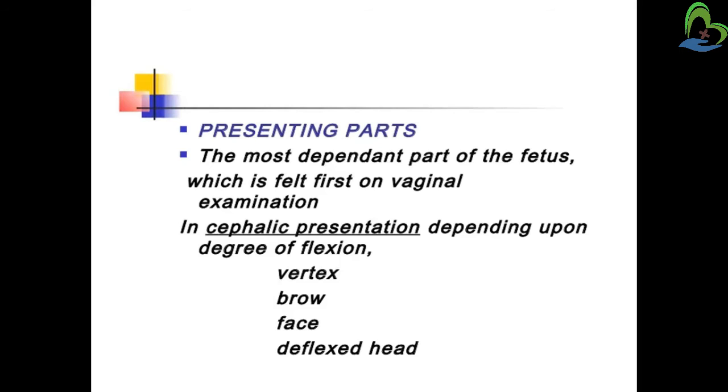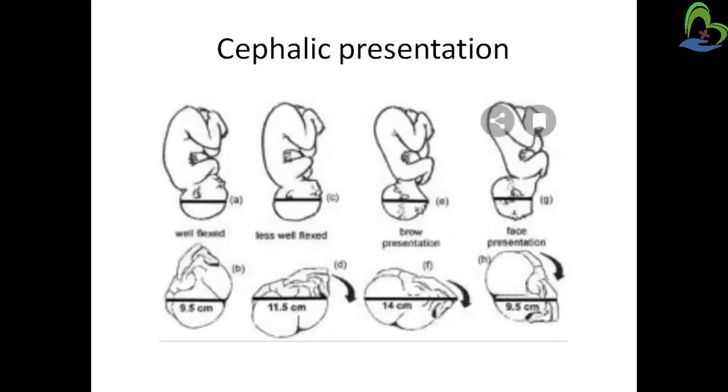In cephalic presentation, depending upon the flexion, you can see the vertex presentation, brow presentation, face presentation, or deflexed head. In the picture, the first one is the well flexed presentation, second one is less well flexed presentation, third is brow, half front area, half face, then lastly fully face presentation.